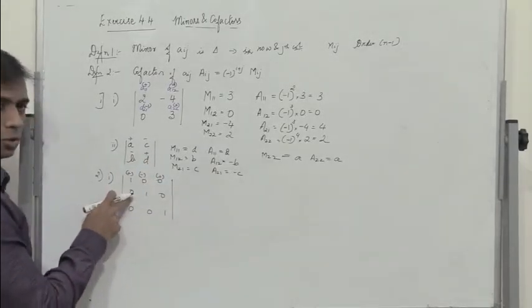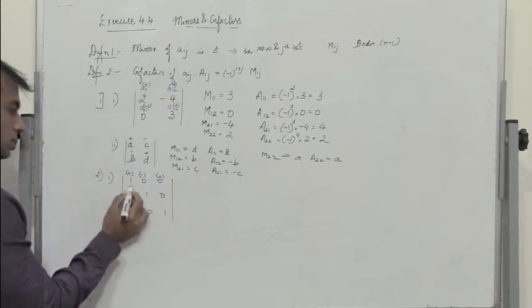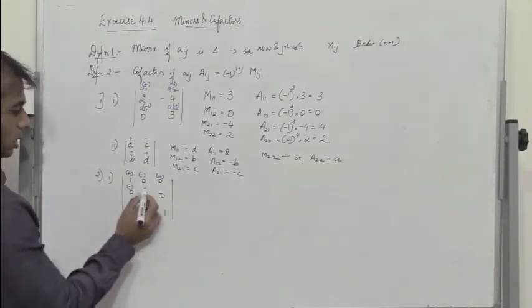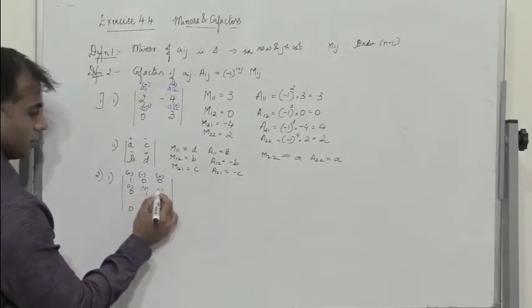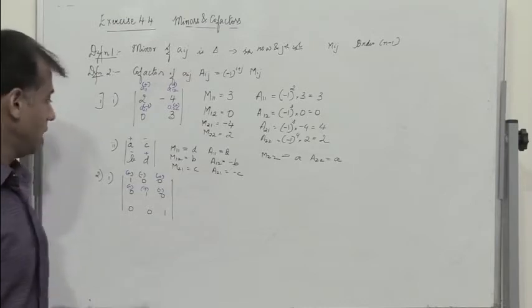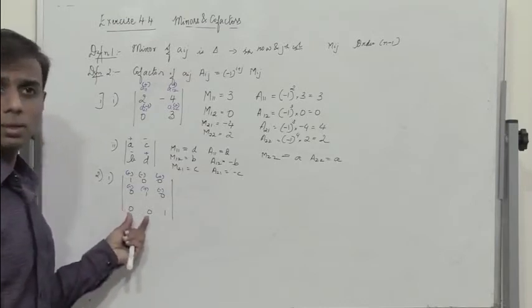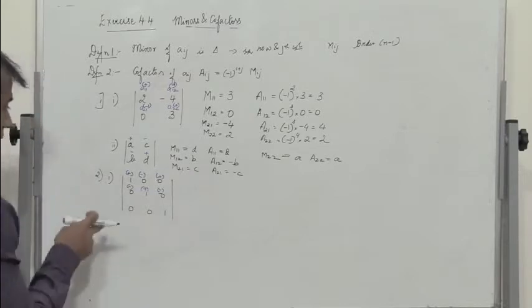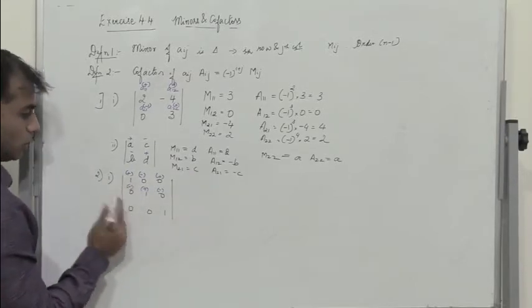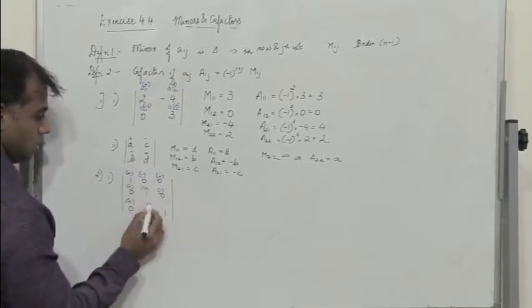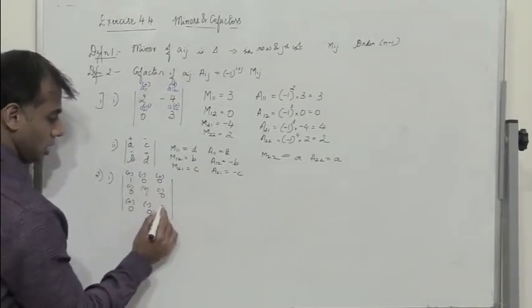Next, this is row 2 and column 1. So since 2 plus 1 is 3, minus sign, and this is plus and minus. So whenever I add the row and the column value, if it is an even number, I have a plus sign here. If it is an odd number, I get a minus sign. So this is row 3 and column 1, so it's plus, row 3 and column 2 minus, row 3, column 3, I have a plus here.